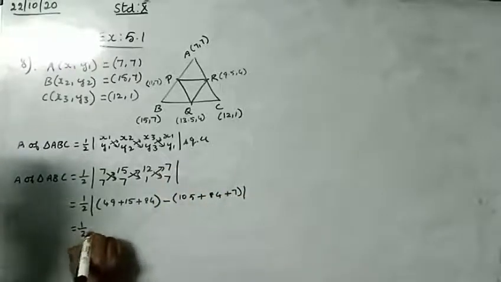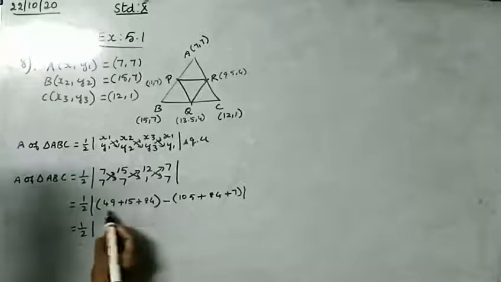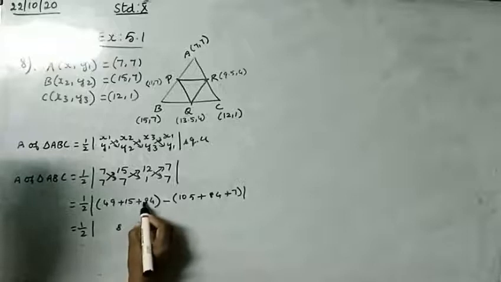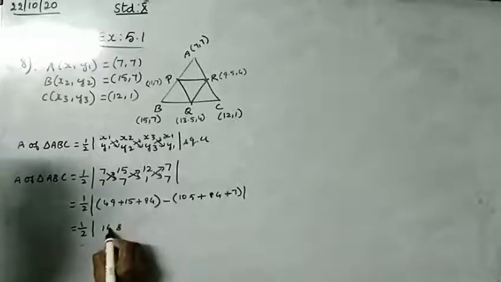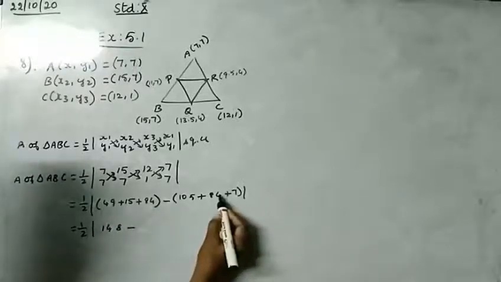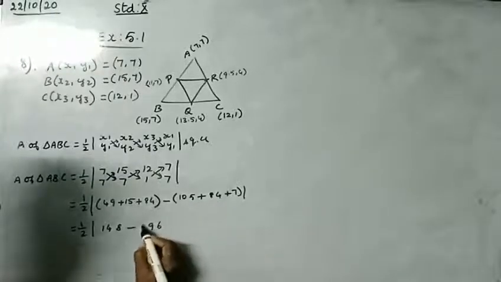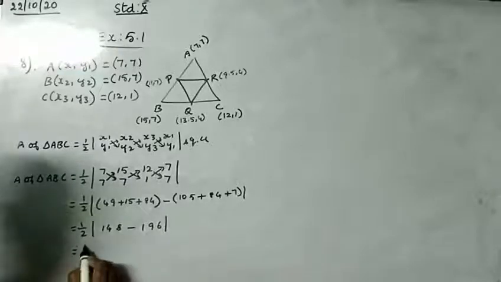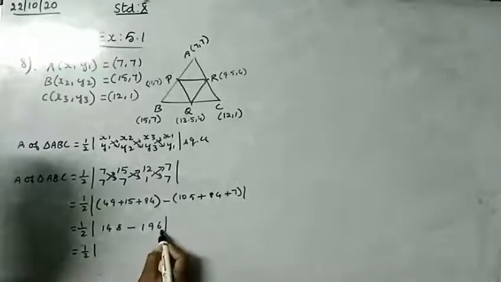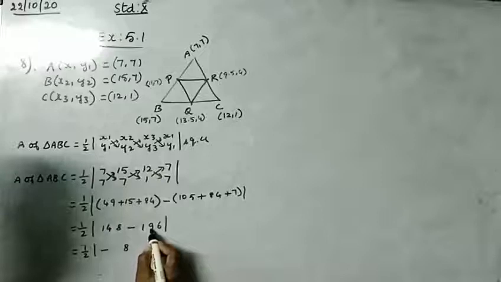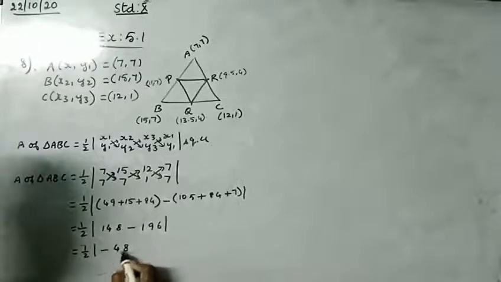So it is equal to 1 by 2. Now add these 3: 49 plus 15 plus 84 is 148. Minus 105 plus 84 plus 7 is 196. So it is 1 by 2, now subtract: 148 minus 196, so we are getting minus 48.